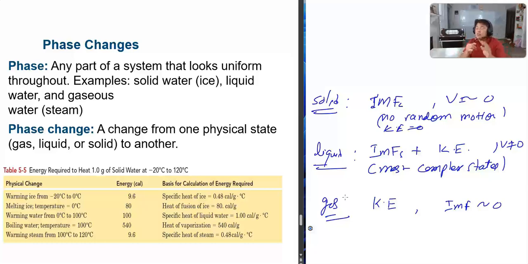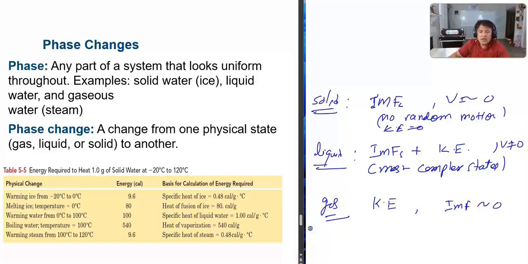Phase means either liquid phase or gas phase or solid phase, or if you go beyond that, the plasma phase or others, okay. Basically in chemistry we think about 3 phases: solid, liquid or gas. The phase change means if you change the pair of temperature and pressure, it may have different phases.